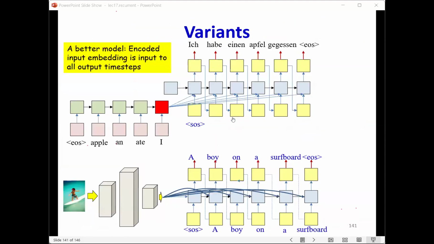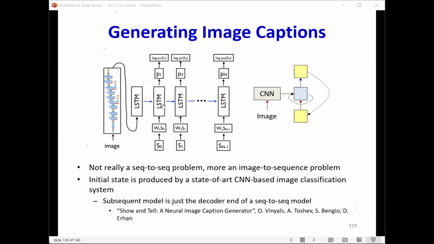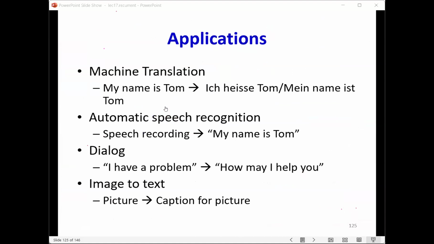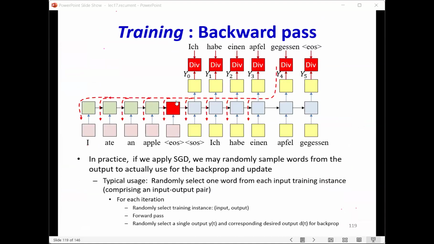I won't go into the example. We've seen this before. But there's one problem in the decoding. So give me this extra minute because we're going to follow up on this. If you look at this model here, the entire input is represented by this one box, and that's fed down the recurrent network into the decoder.